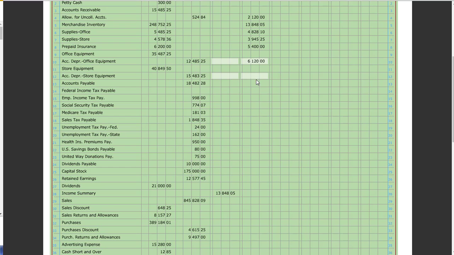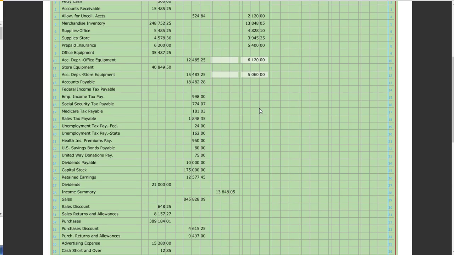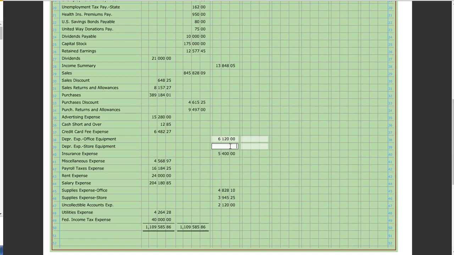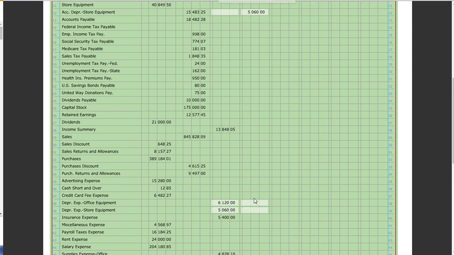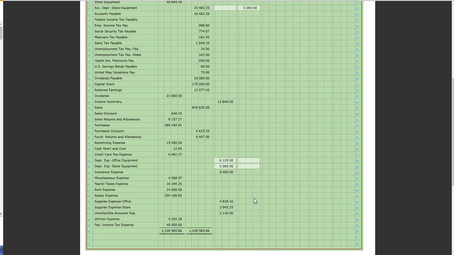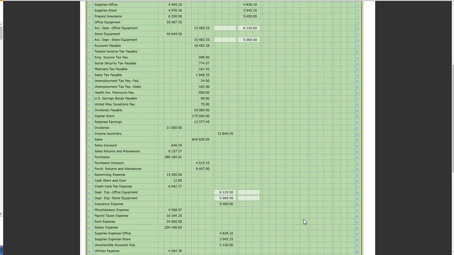I'm going to repeat on store equipment, $5,060. Now, somebody's gone through and got this $5,060 number for us, but a business needs to get it calculated. And then I'm going to debit depreciation expense, $5,060. So that should be what your expenses look like. You have 2 credits for accumulated depreciation and 2 debits for depreciation expense.